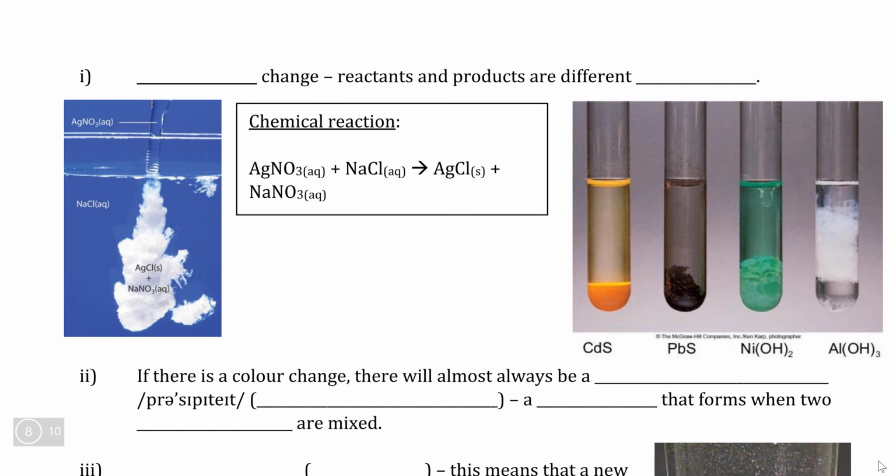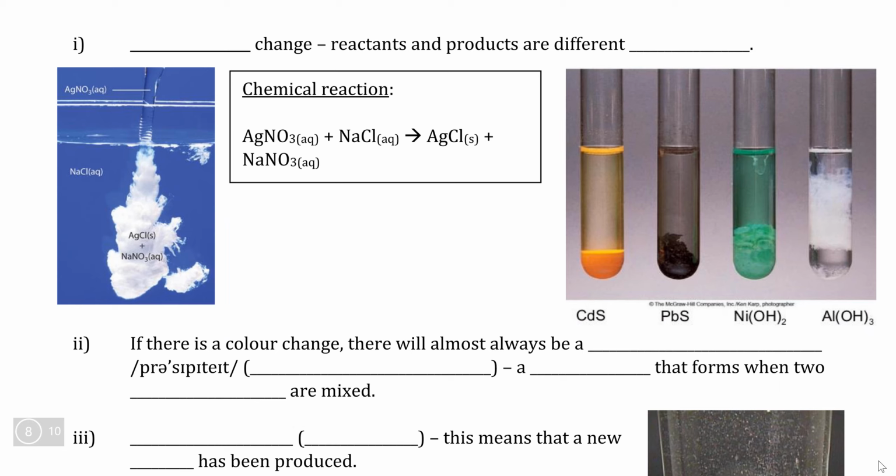The short and simple answer is we look for observations that we can actually see. And one of those, the most obvious one perhaps, is a color change. So in this case, if we look at our reactants here, we're mixing two different colorless solutions together. We know that salt, sodium chloride, dissolves completely as long as we have enough water, and salt water just looks like regular water because we don't actually see the salt. And the same is true for this other compound here called silver nitrate.